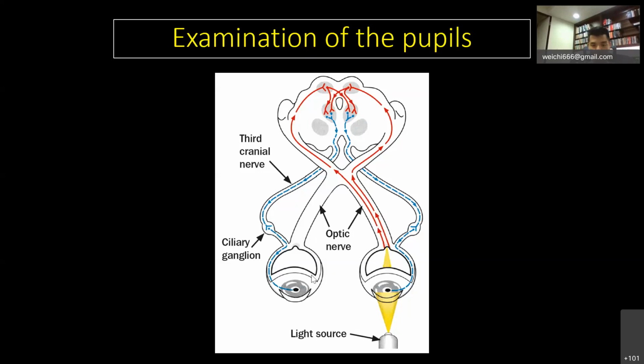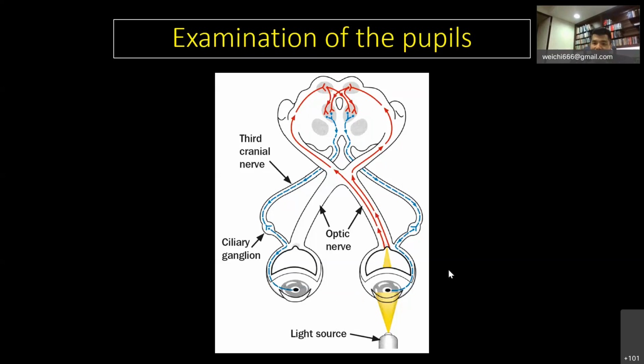For the right eye pupil to be able to constrict, you would need to receive the signal from here, right? But this pathway was also blocked because the light could not be transmitted to here, right? So you would not see the pupil constrict in either the right or left eye. You see the pupil dilated in both the right eye and the left eye.